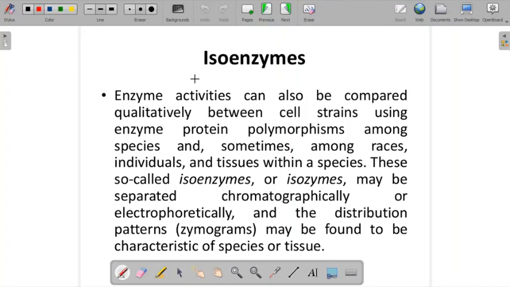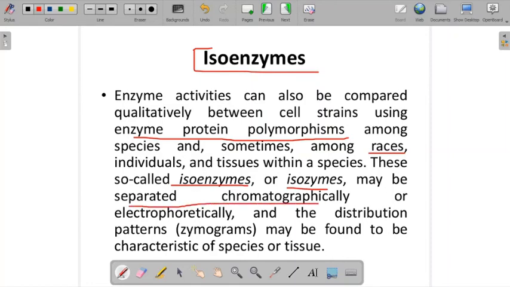Then the isoenzymes are there. I know that you know isoenzymes. Enzyme activities could be compared qualitatively between cell strains using enzyme protein polymorphism among the species and sometimes among the races also. The enzymes which show the same activity, and that enzymes we call isoenzymes or isozymes.